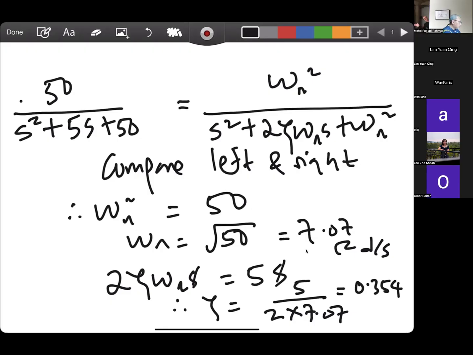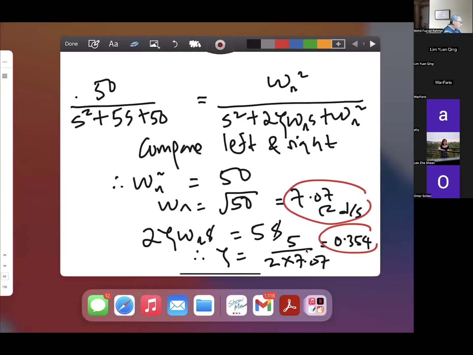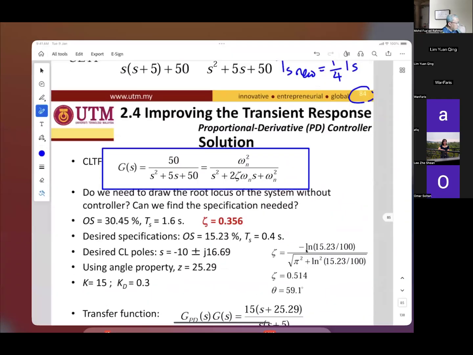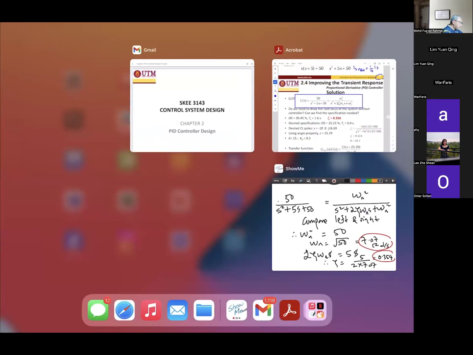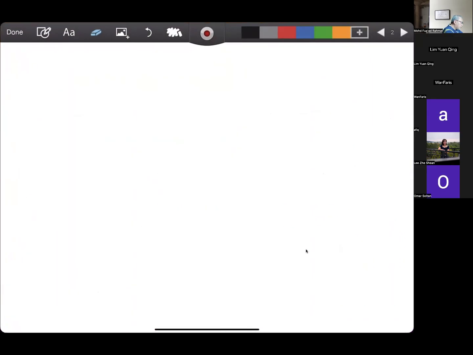So we got the two values here, which are important to get the overshoot. So from the zeta you can use a graph, the standard graph.